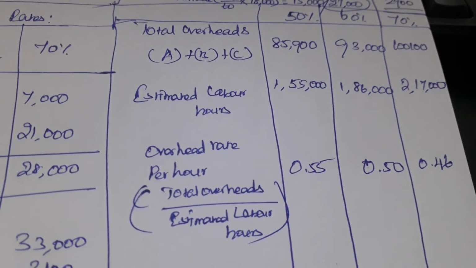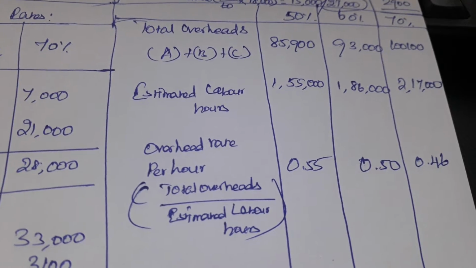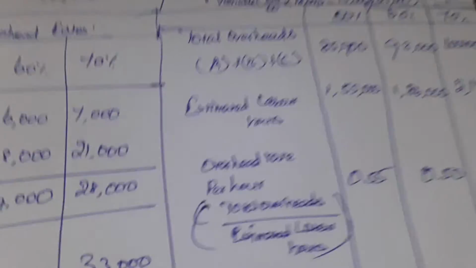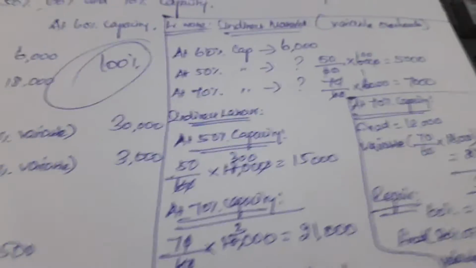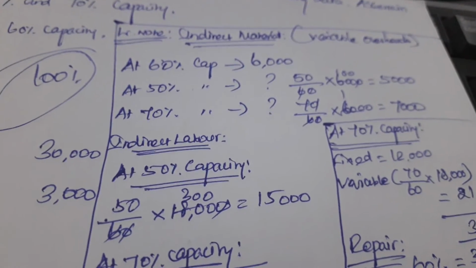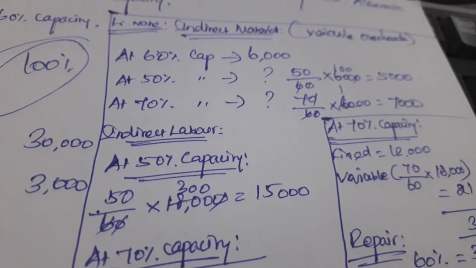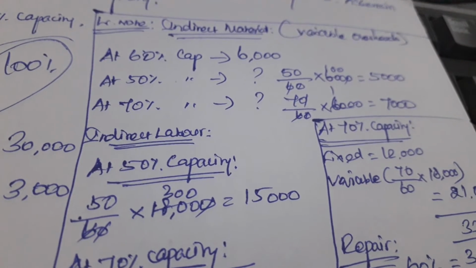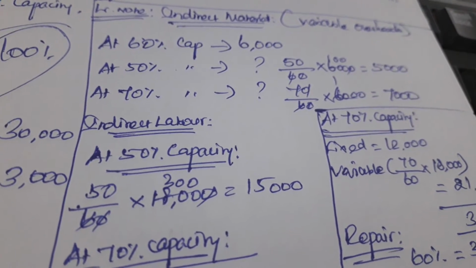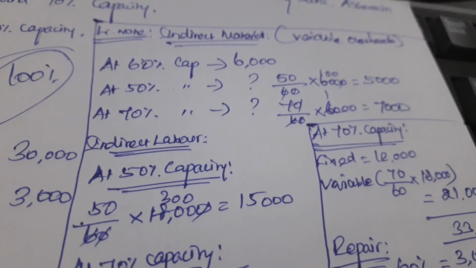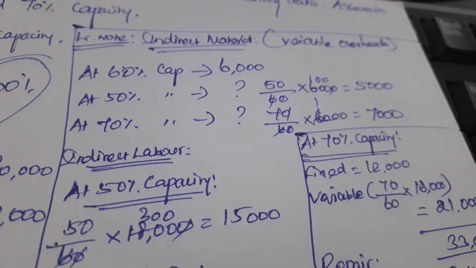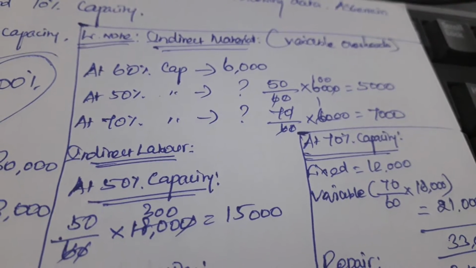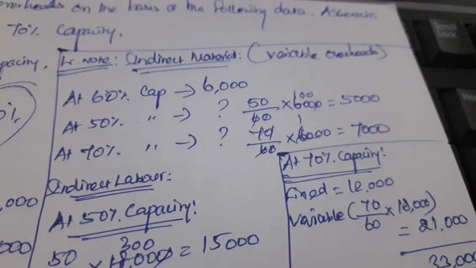Now we are going to calculate for the 50% and the 70% capacity. For that we have to prepare the working note. First, under variable overheads, we prepare indirect material. At 60% capacity we got 6,000, which is given in the problem.